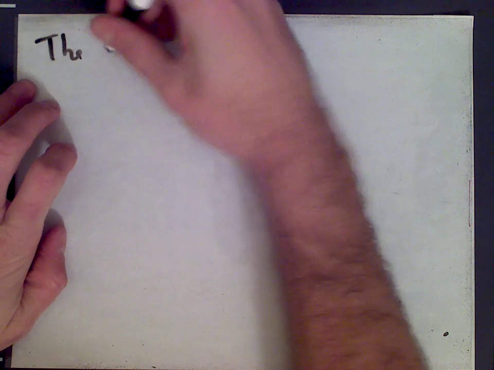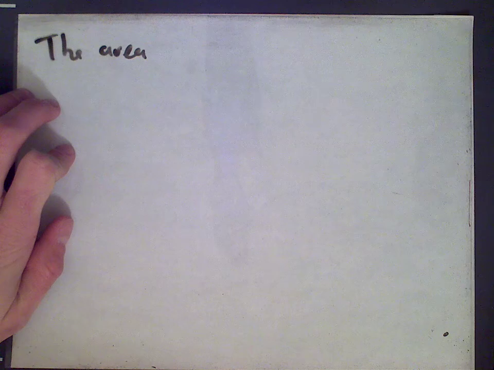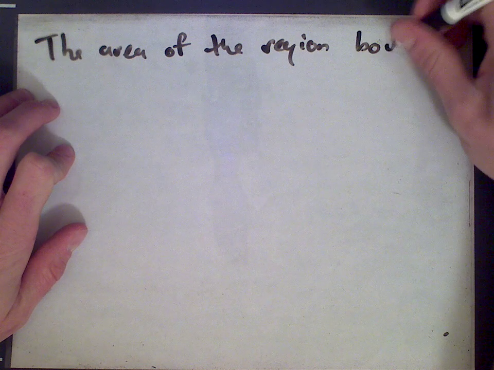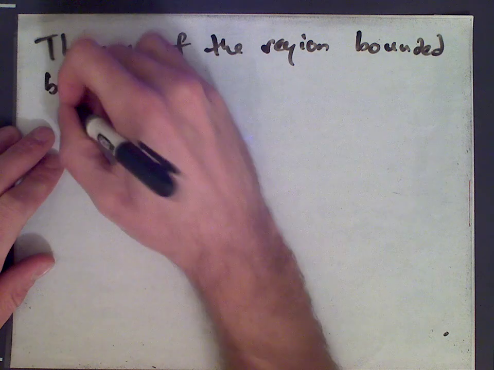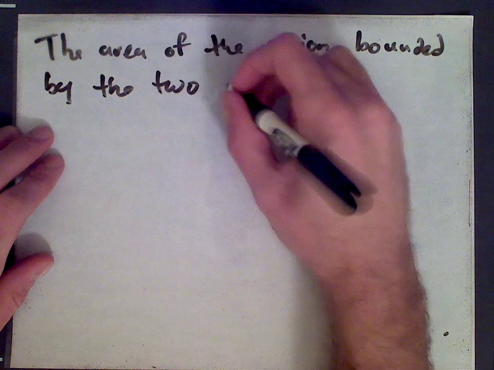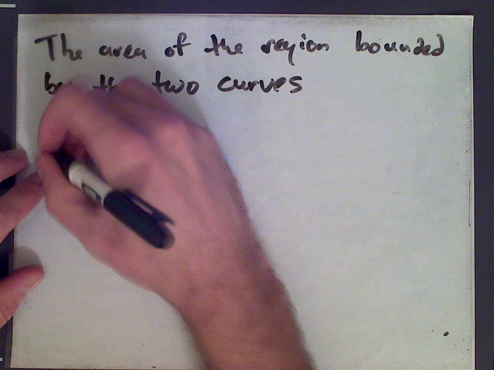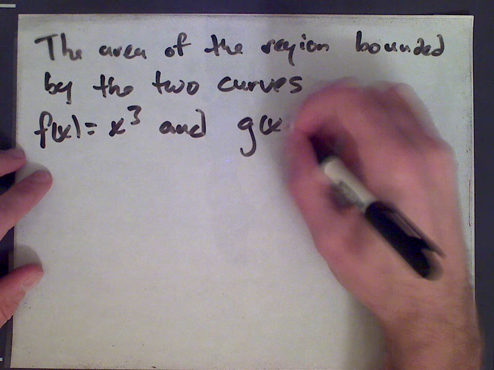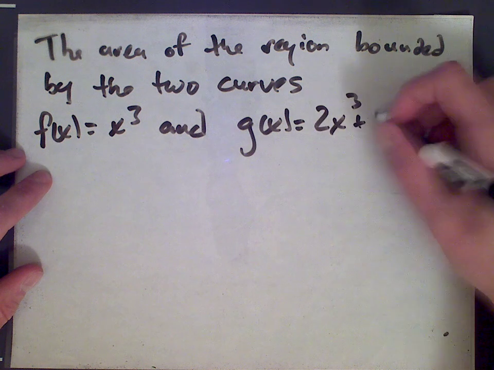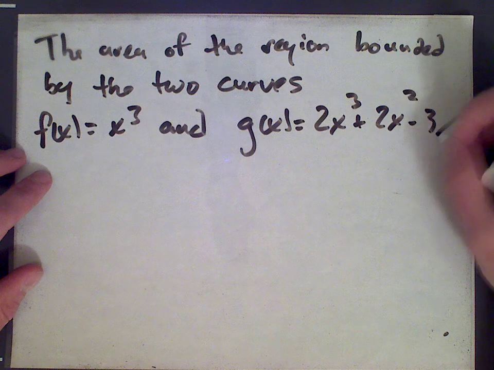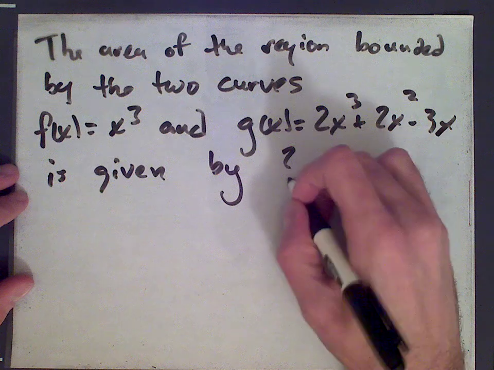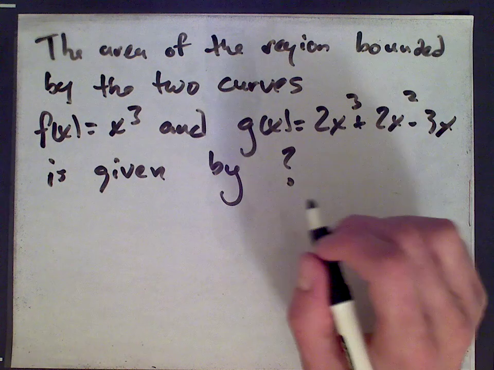So the question is: the area of the region bounded by the two curves f of x equals x cubed and g of x equals 2x cubed plus 2x squared minus 3x is given by...?